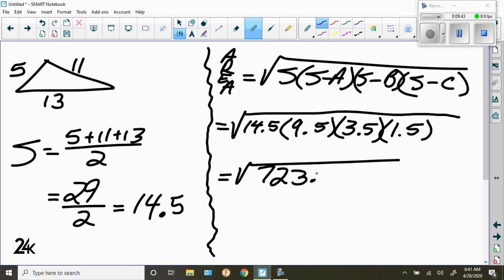I'm double checking my numbers. 723.2. Gotta be careful. Okay, and so then you do the square root of that, and you get about 26.9. And that's it. That's Hero's formula, okay?